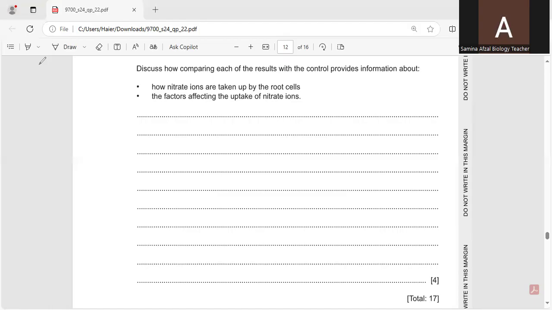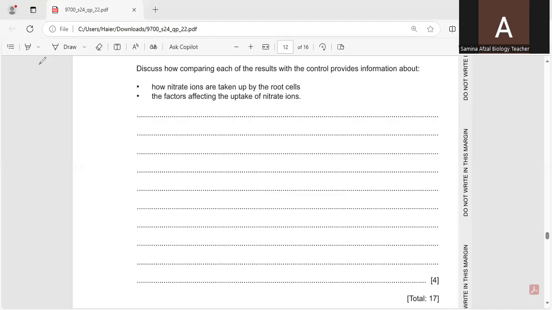So it means the different substances added also affect the rate of uptake of nitrate ions. In this way, I would like to say that all these nitrate ions are taken up by active transport, and for active transport, energy is required.